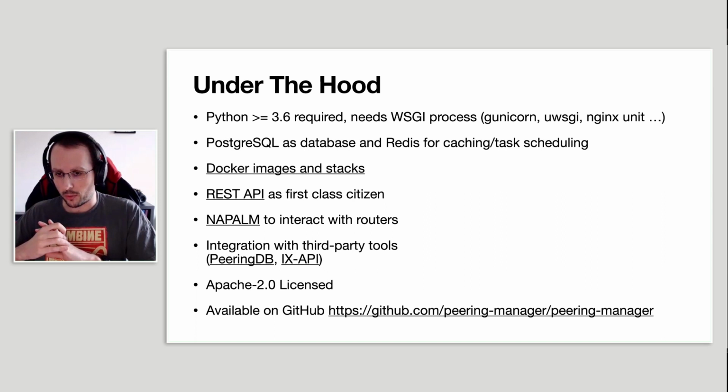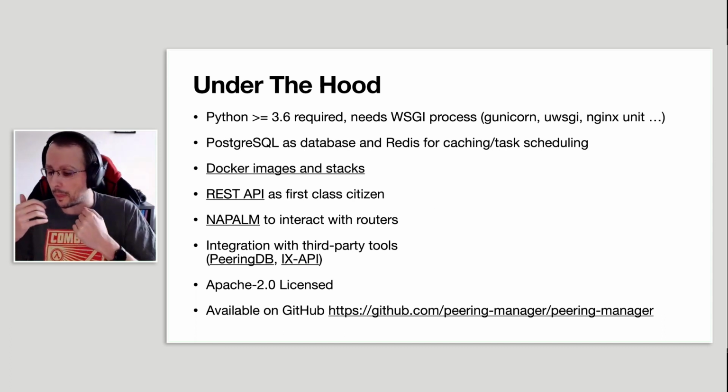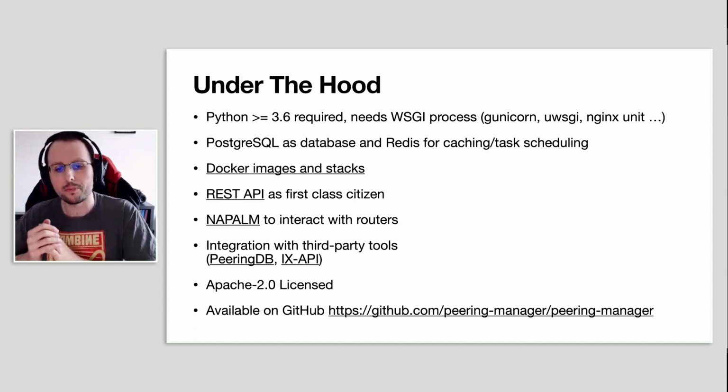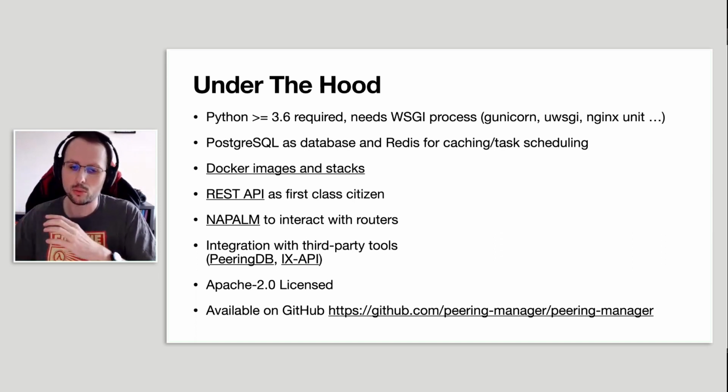The REST API of Peering Manager is the first class citizen here. We want the REST API to be as extensive as possible so you can introduce Peering Manager in your automation stack that you may already have. And we also have an integration with the Napalm library to allow you to push configuration to routers or get data out of routers and bring it into Peering Manager as well.